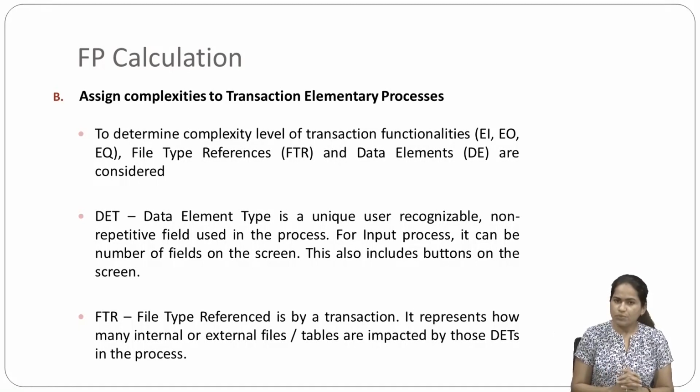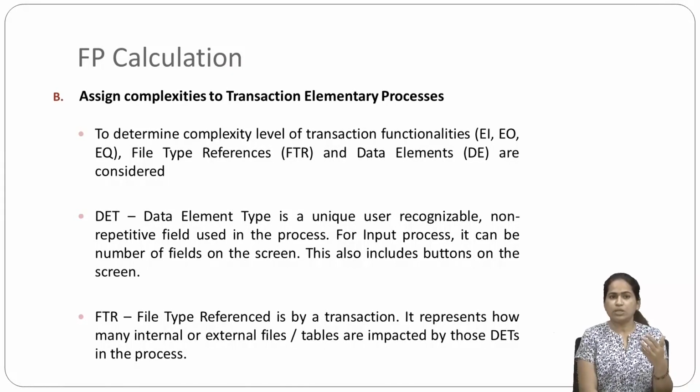This also includes buttons on the screen. Now here we are talking about determining the complexity level of transaction functionalities, so you have to consider EI, EO, EQ, file type references, FTR, as well as data element types.